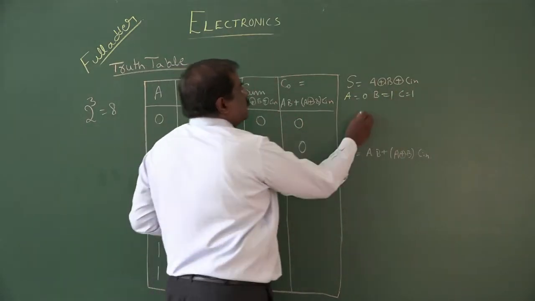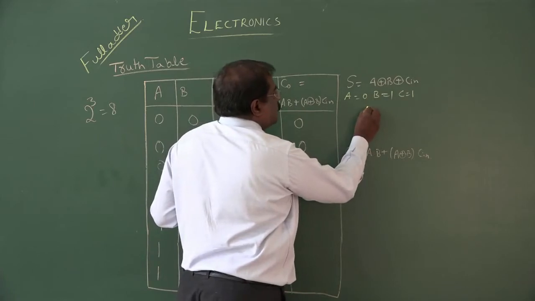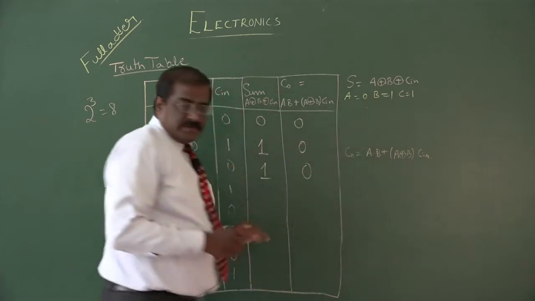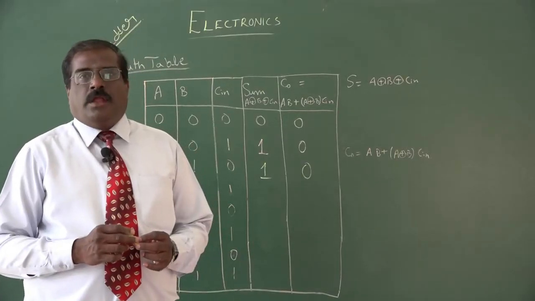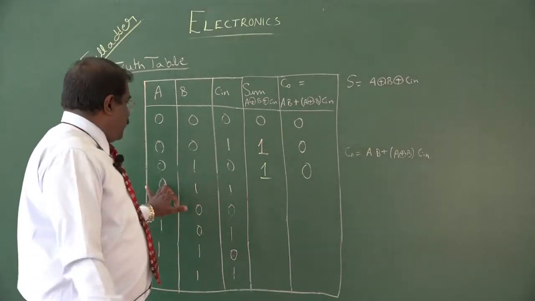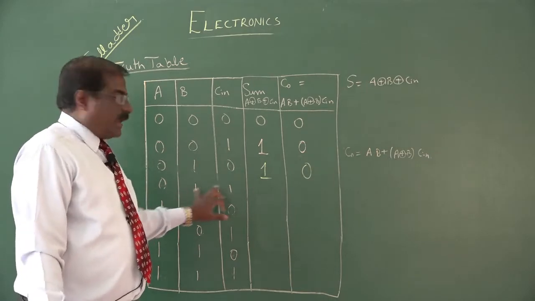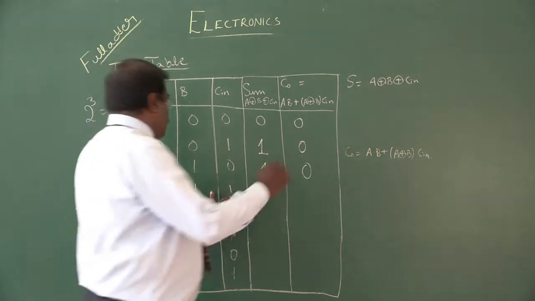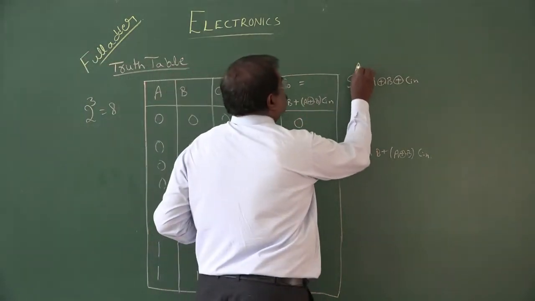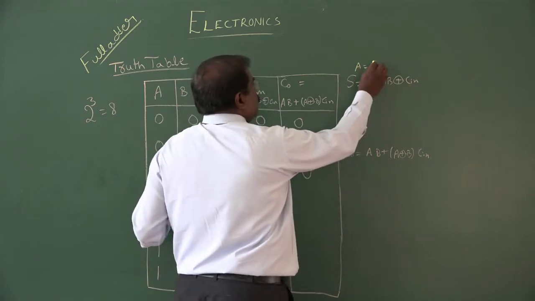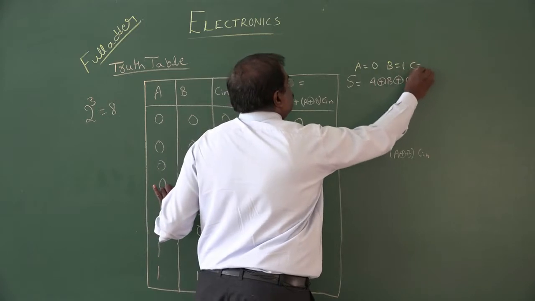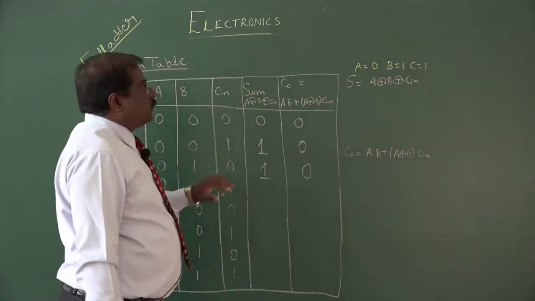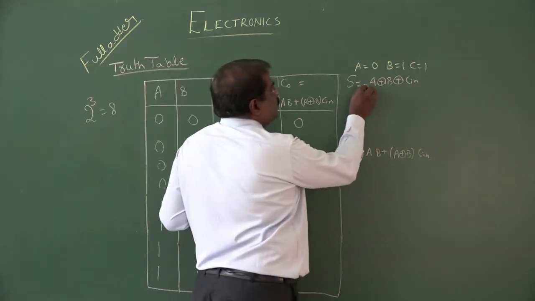Now we will discuss if A equals 0, B equals 1 and C equals 1. So what is the value for sum?